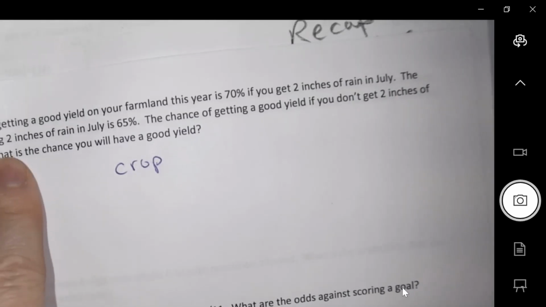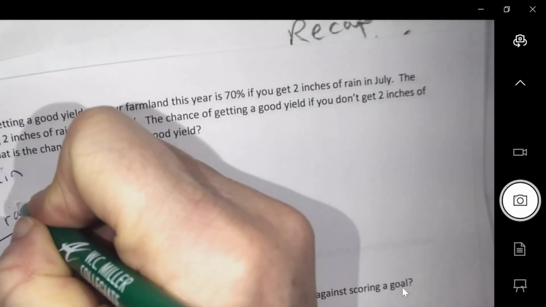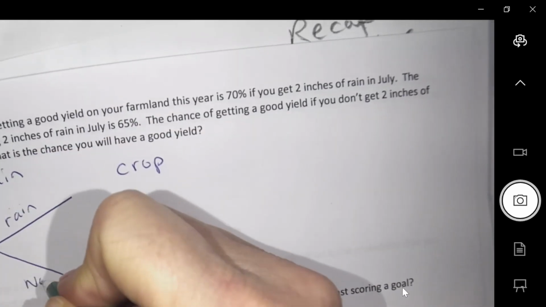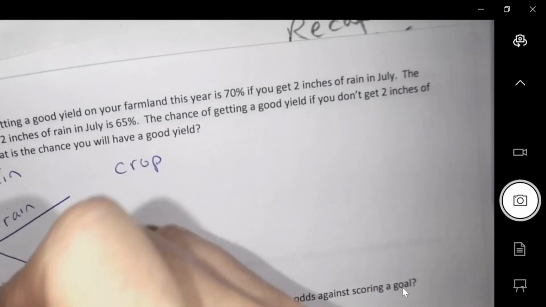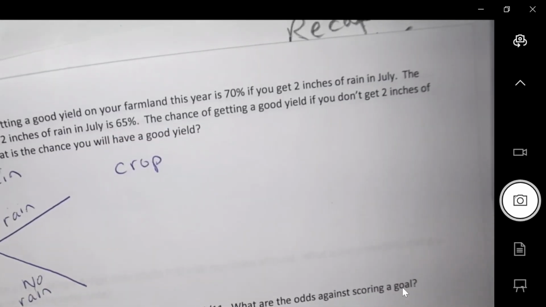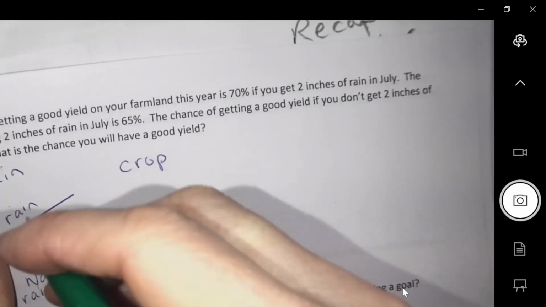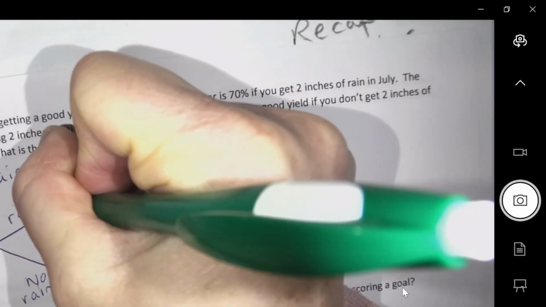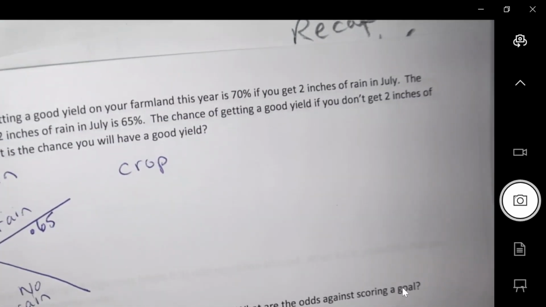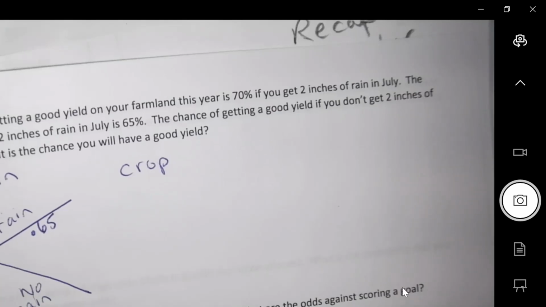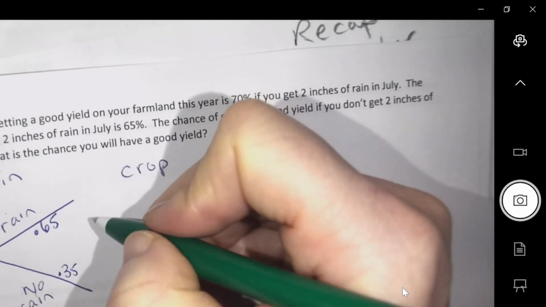So what's the chance of getting a 2-inch rain? So rain, no rain. So the chance of getting the rain that they need is 65%, which leaves that not happening, what is that? 35.